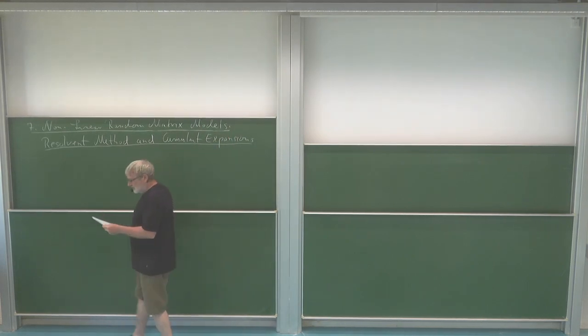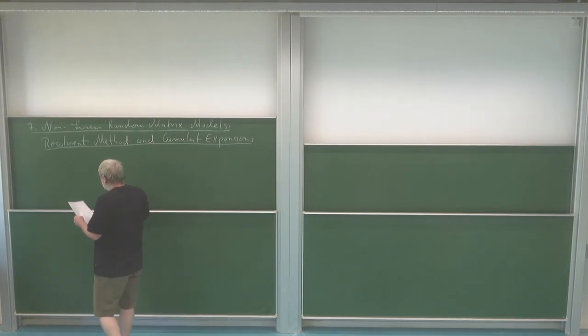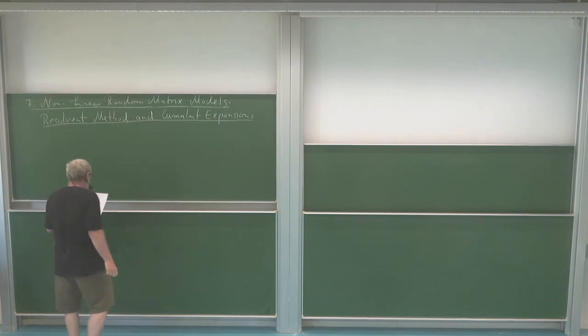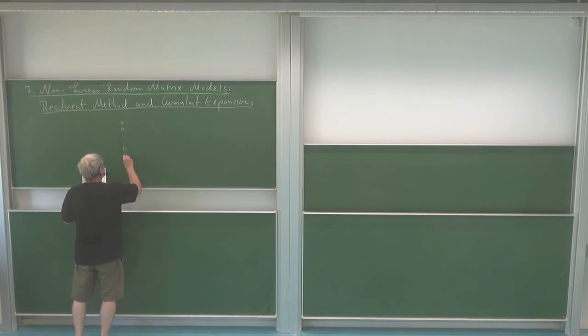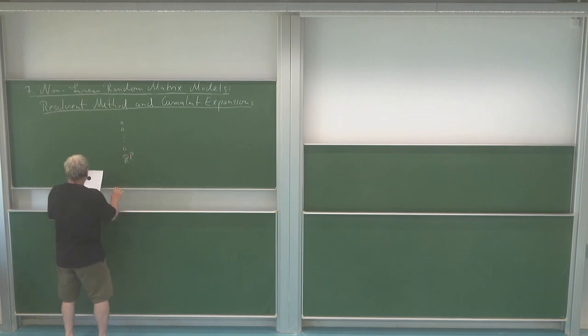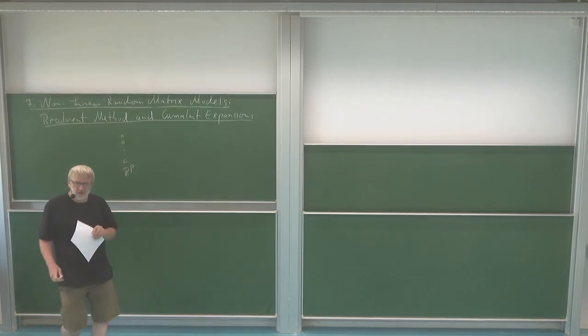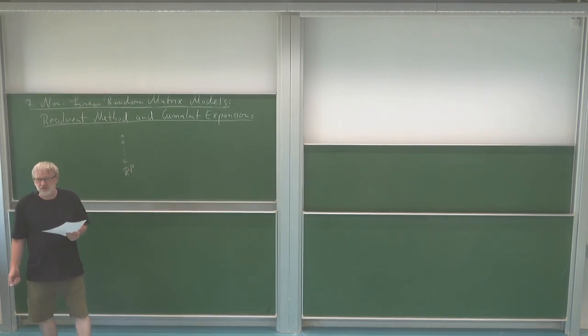Okay, so let me recall what we are looking at. The neural network we want to describe is that we have, of course, our input, which is vectors in R to the P. And then we take essentially random features of them.